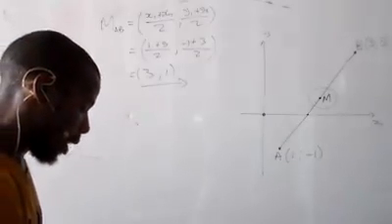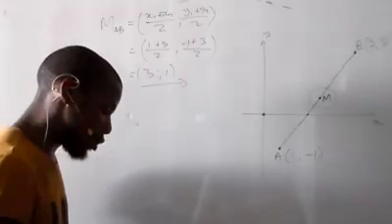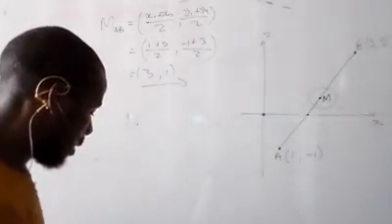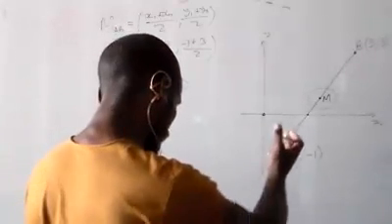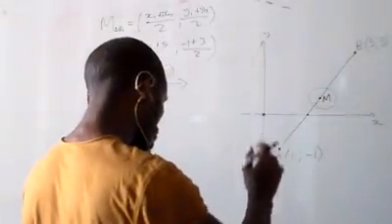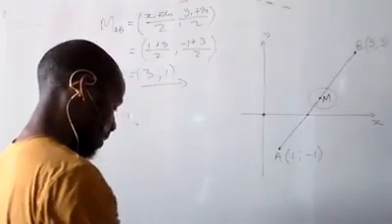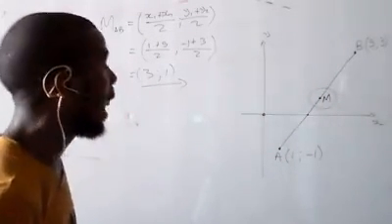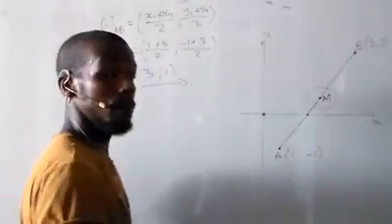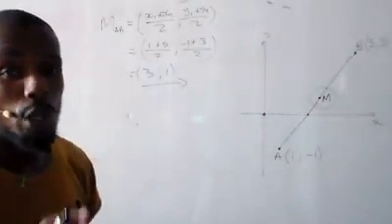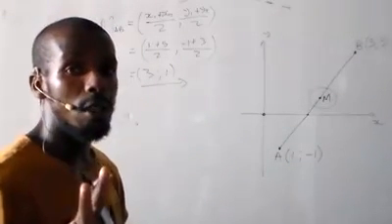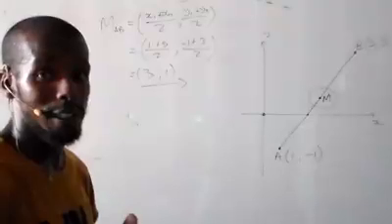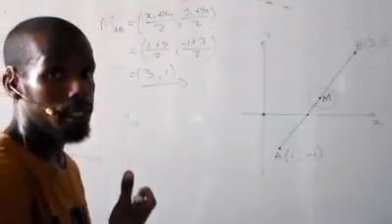Moving along with the question, they ask you to find the equation of a line perpendicular to this line AB that goes through M, the perpendicular bisector of the line AB. We know very well that you cannot calculate the equation of a line without knowing the gradient of this line.